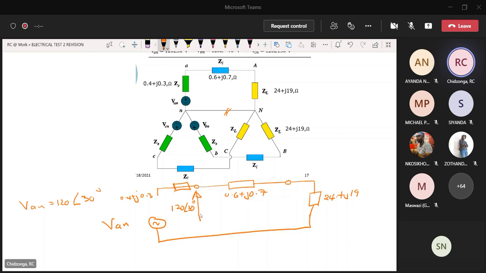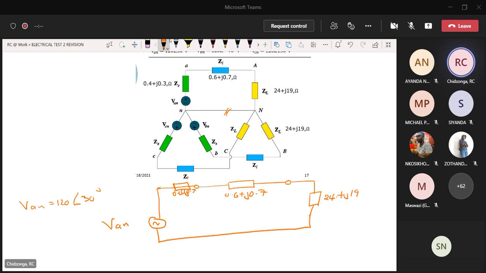You could have taken your internal impedance and written it there, 0.4 plus j0.3, and said this impedance connects to that source.